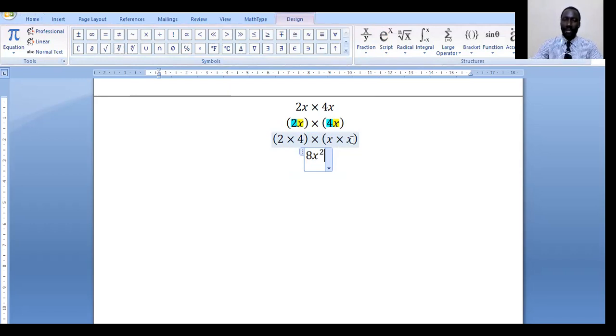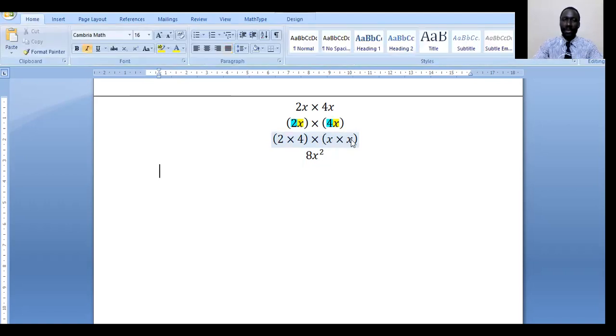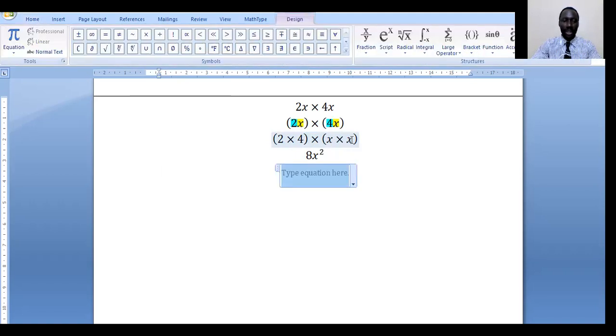Now, if we are having something a little bit more complex, for example, let's say we have 2x. This time, we are supposed to multiply this with, for example, let's use a bracket for this.